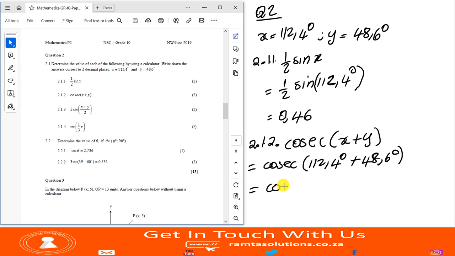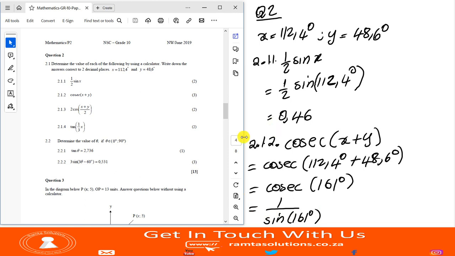So this is cosec 161 degrees. Now, what do you know about cosec? You know that cosec is 1 over sine. Remember, cosec is the reciprocal of sine. Happy?